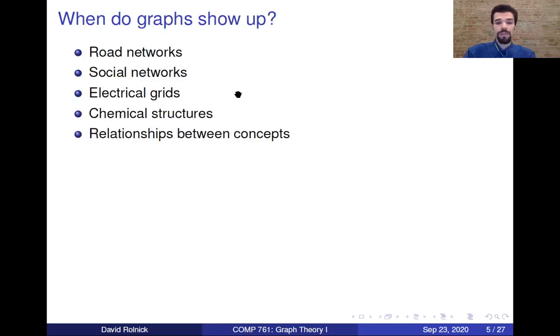Relationships between concepts. So there are things like knowledge graphs, which capture different kinds of relationships between concepts. And again, this is a situation where the edges in the graph contain extra information. So an edge might not just be what is connected to what, it might also be how it is connected to what. So the edges might have different types.